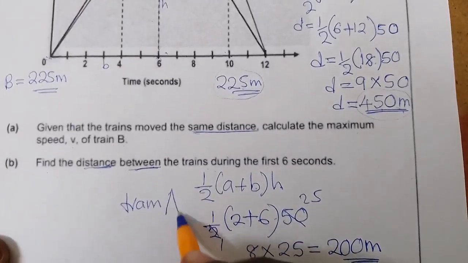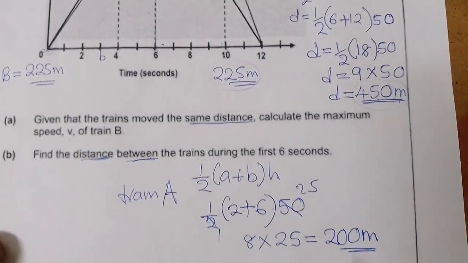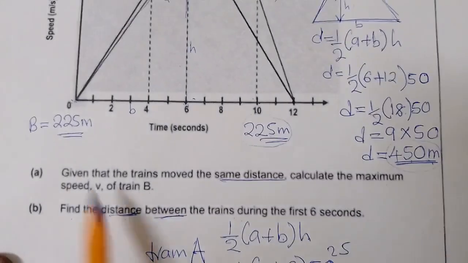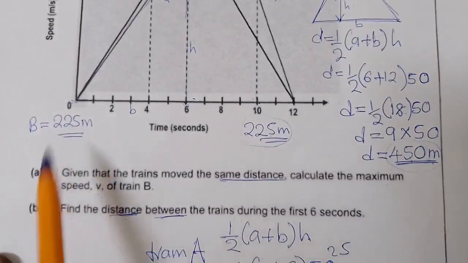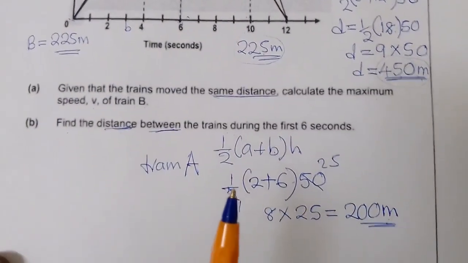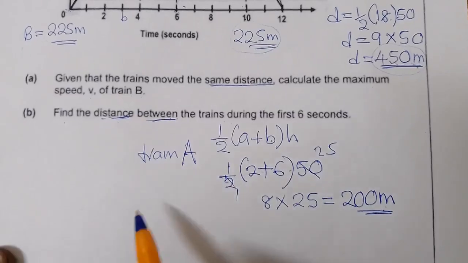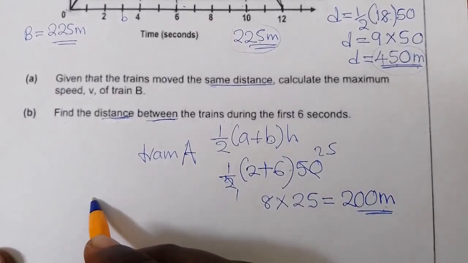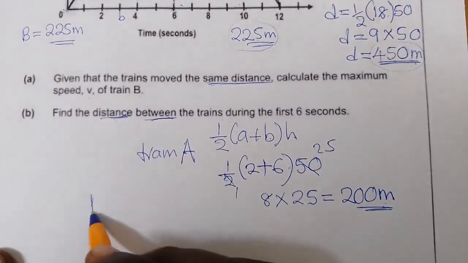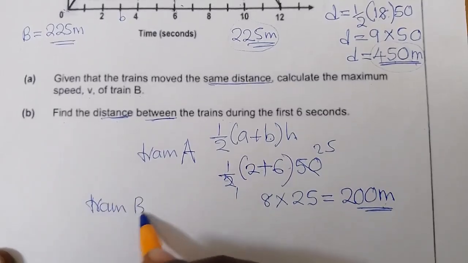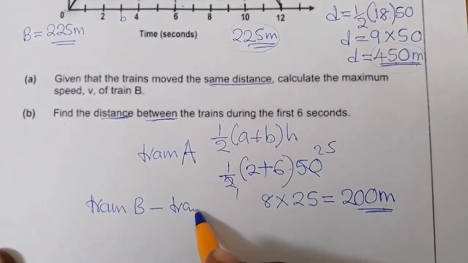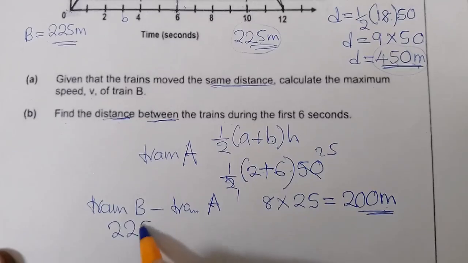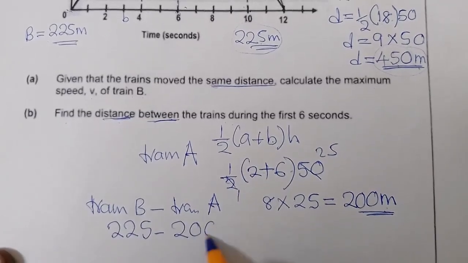So train A covered this distance of 200. But train B, during the first 6 seconds, covered 225. Since they want you to find the distance between the trains, train B covered a longer distance, so you say train B minus train A. So train B is 225 minus 200.